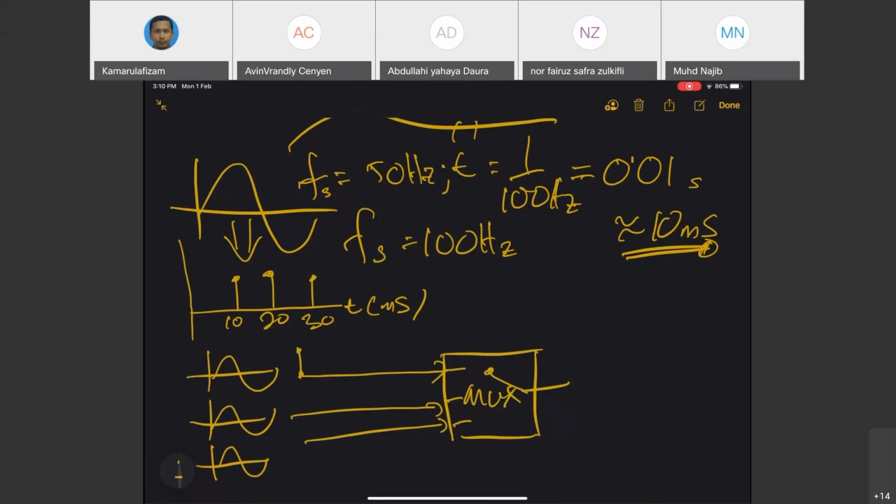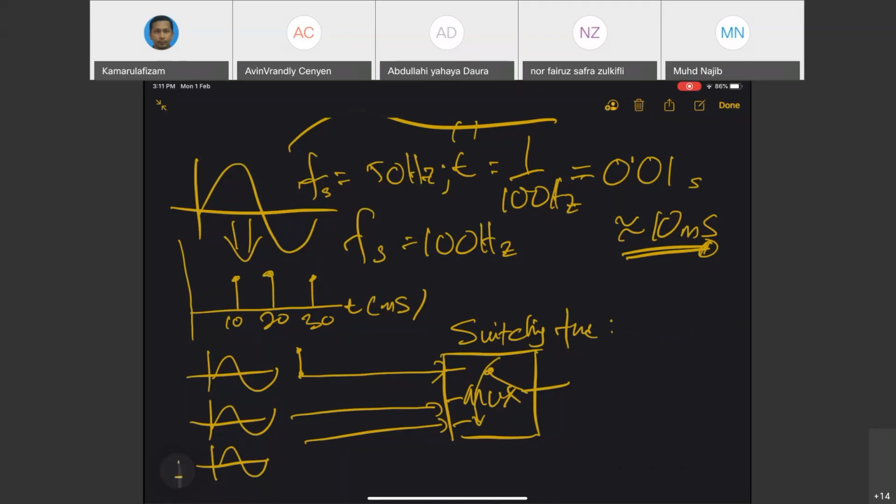So the switching time specified by the mux must be less than 10 milliseconds. Within 10 milliseconds, the mux should be able to go through everything.